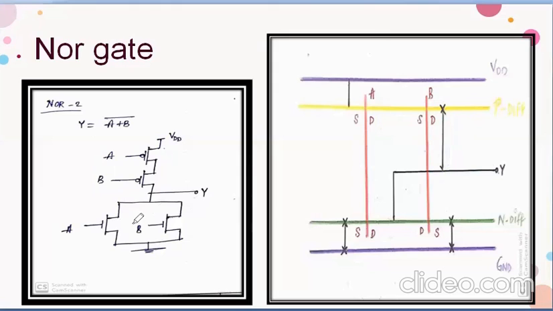Similarly for NMOS, let's see for NMOS. Now the drain of A and the drain of B are connected. This is drain, this is source, this is drain, this is source.